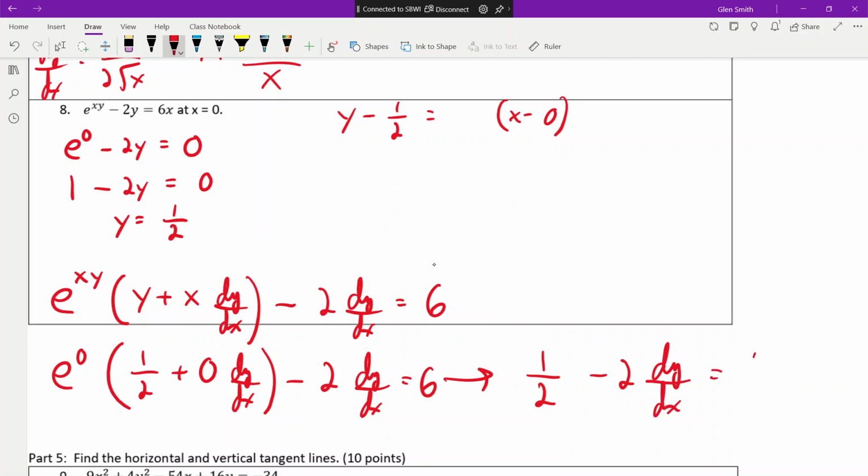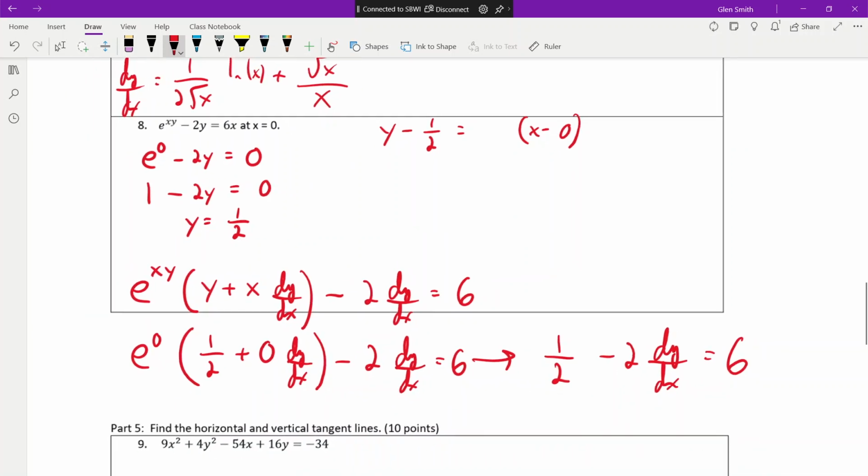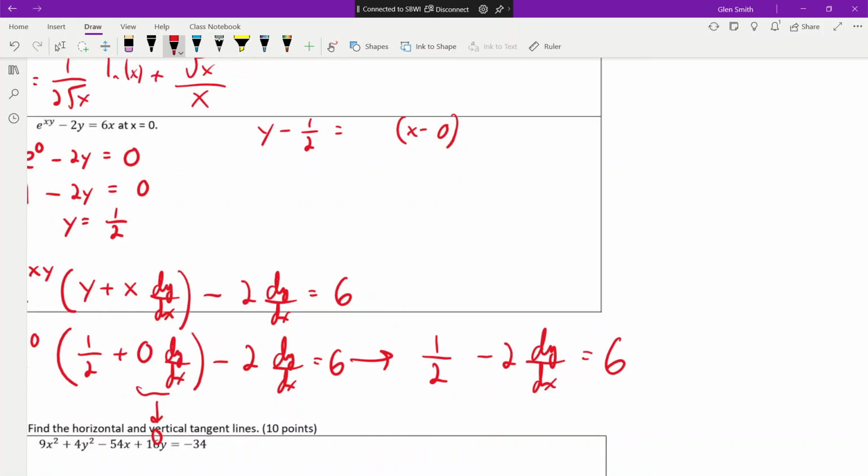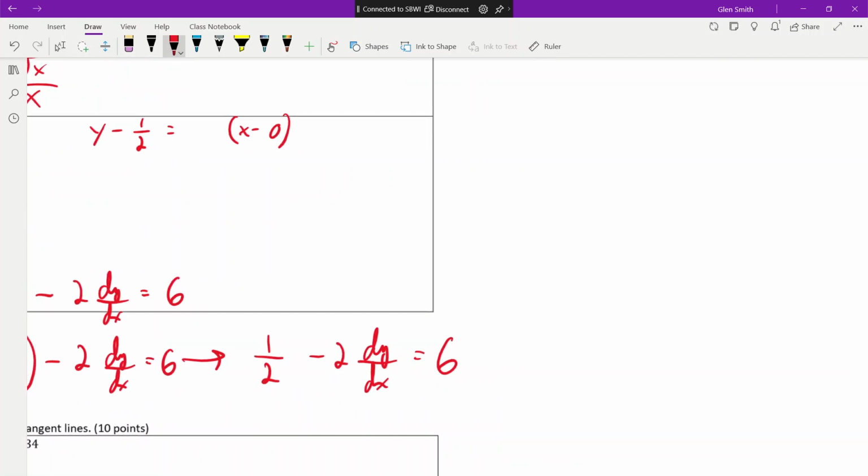Look, that's so simple. That's 1 times 1/2 plus 0 minus 2 dy dx equals 6. That's what that boils down to. Let me know if you don't see that. Again, this e to the 0 is just 1. This is just a big 0.